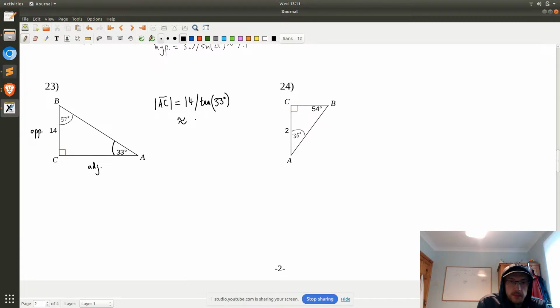And we get 21.6. Side AB. That's the hypotenuse. We were given the opposite and theta. So it's sine. Sine of 33 equals 14 over the hypotenuse. So 14 over sine of 33, which is 25.7.